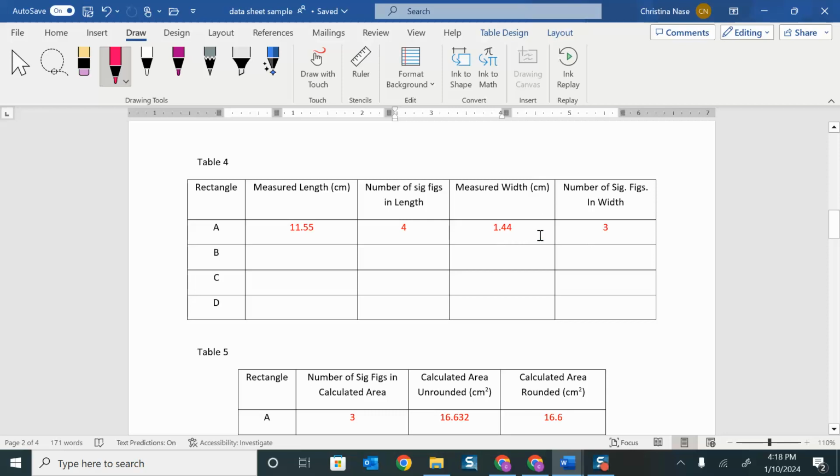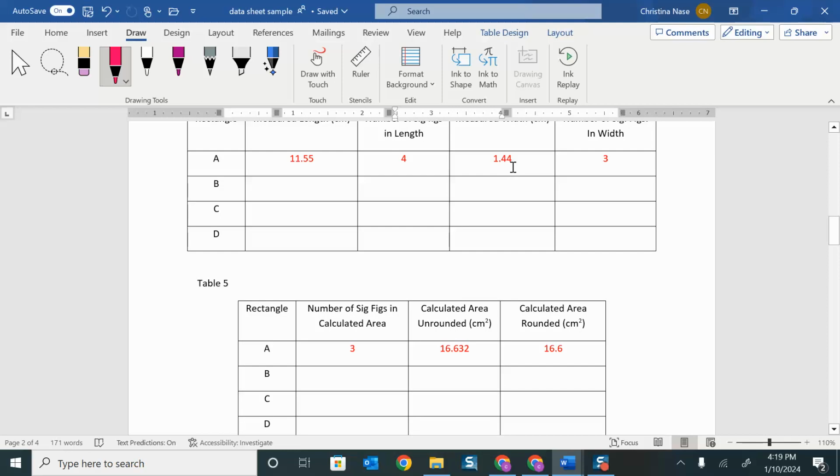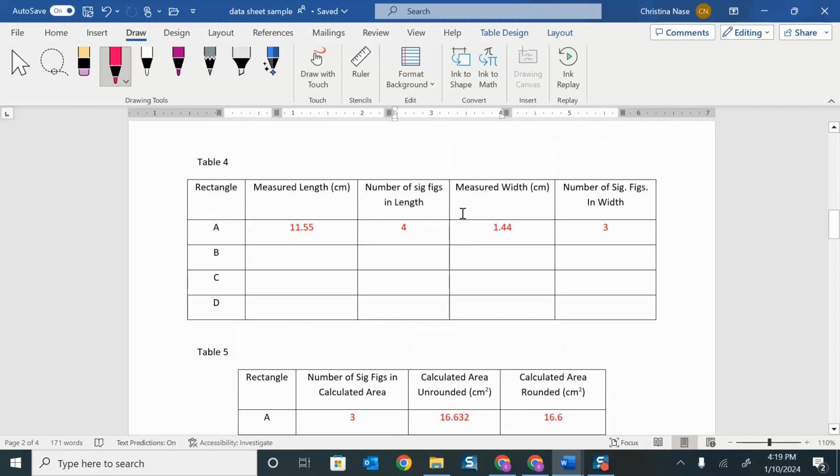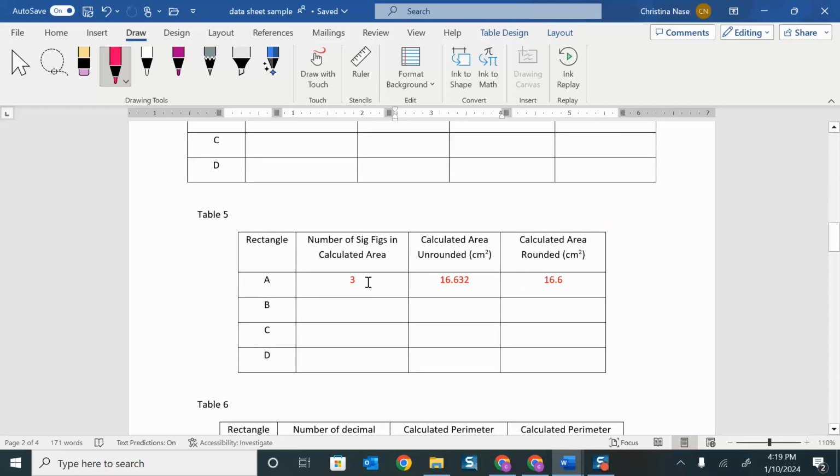It's all of the numbers that I'm able to read off the ruler, including this second decimal place where the uncertainty lies. When I'm calculating area, I'm looking at the number of significant figures in both of the numbers that I'm multiplying. This one has 4, this one has 3. 3 is smaller, so I'm going to have 3 in my calculated area.